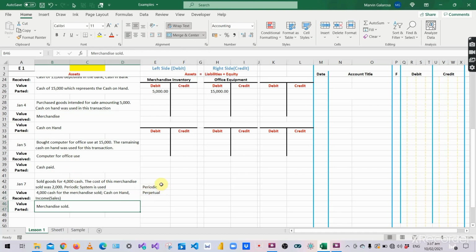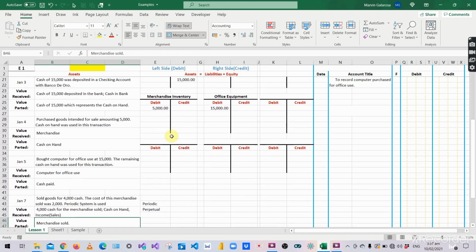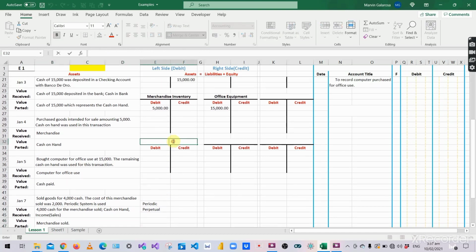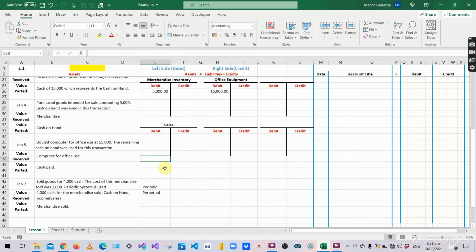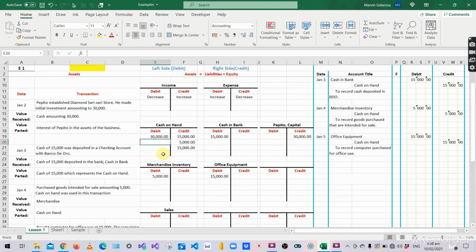So, reflect natin siya sa entry. First, gawa muna tayo ng T account for sales. So, naka-receive tayo ng 4,000. Lagay natin sa cash on hand.